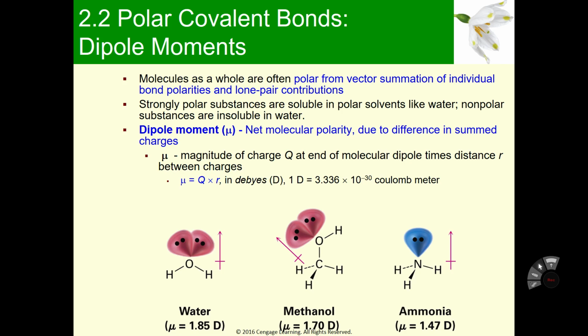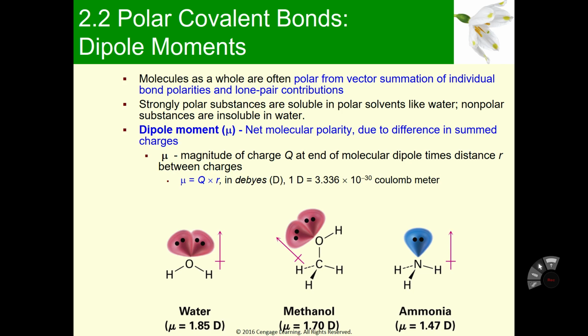For methanol, you have five bonds, and each bond has its own dipole as a vector quantity. You can combine all those vectors and draw the final sum of all the component vectors, and it can be represented like this. Ammonia also can have a dipole moment.